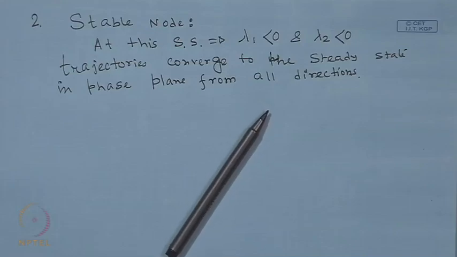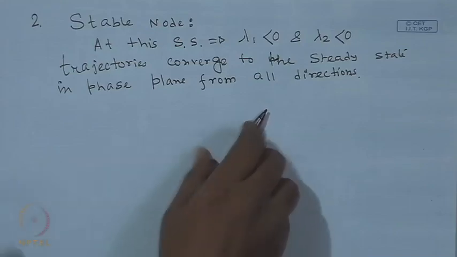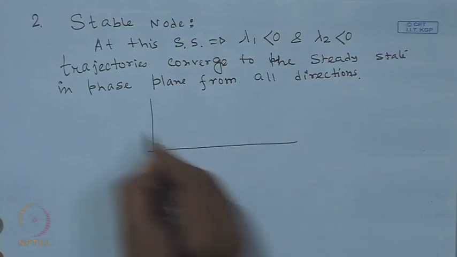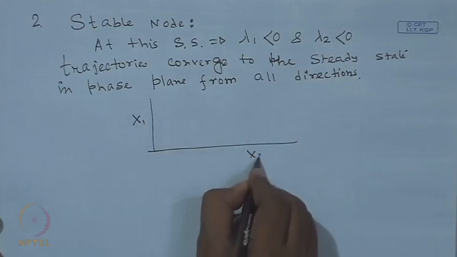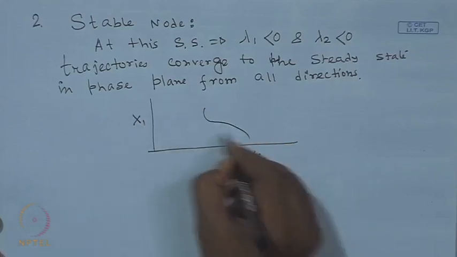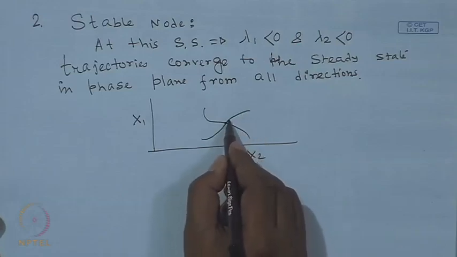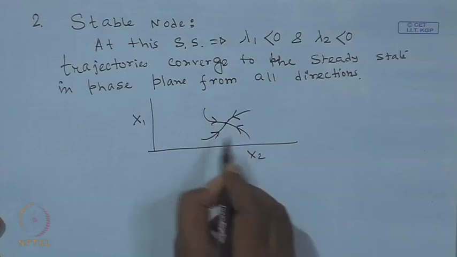Then that particular node is called a stable node. If you look into the phase plane plot, it will be x1 versus x2, and if this is the steady state, any point around it will converge to this.